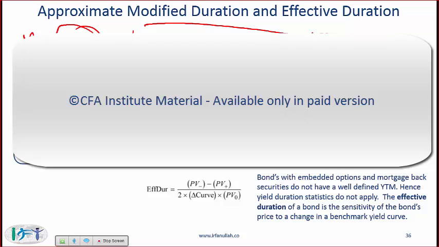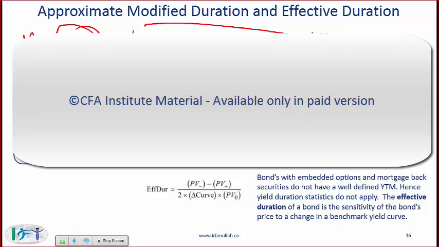So if you are initially at this point, where let's say that the yield initially is 8% and PV naught, the initial price, is 100, then you can shock the yield or increase the yield by, let's say, 10 basis points. 10 basis points means 0.1% or 0.001 in decimal. So that's what the delta Y will be. If you do that shock and you get a certain PV positive, that will be given to you, for example.